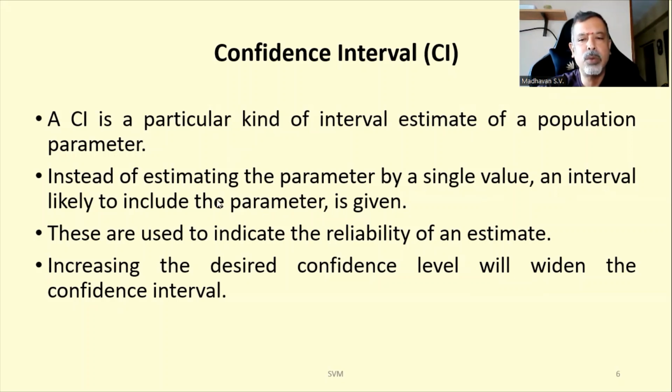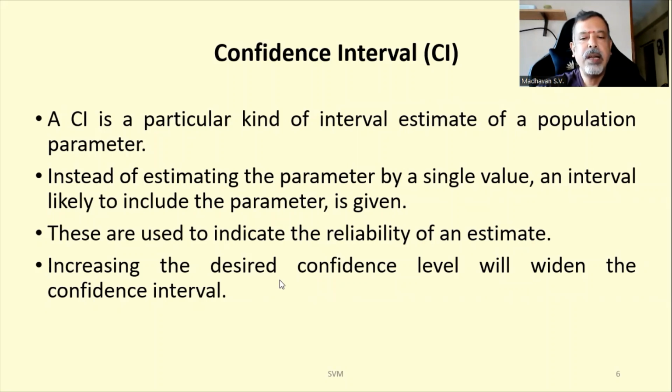You find an interval with a lower limit and an upper limit, and you say that the population parameter falls between these two limits. These are used to indicate the reliability of an estimate.